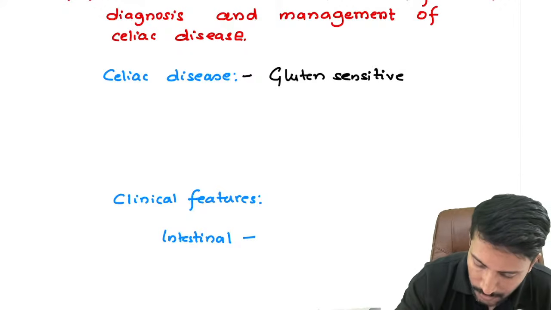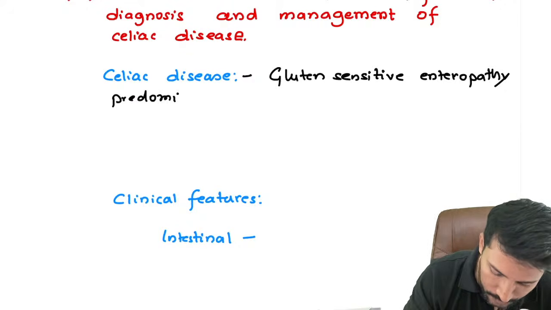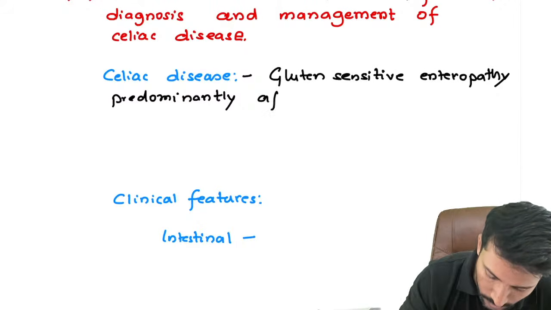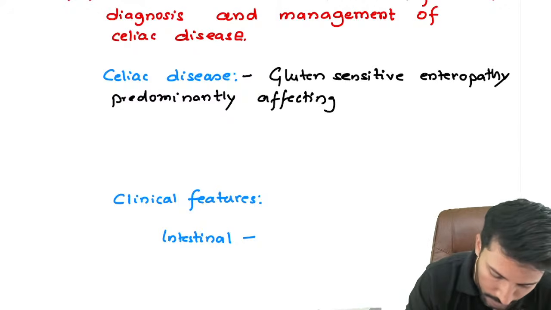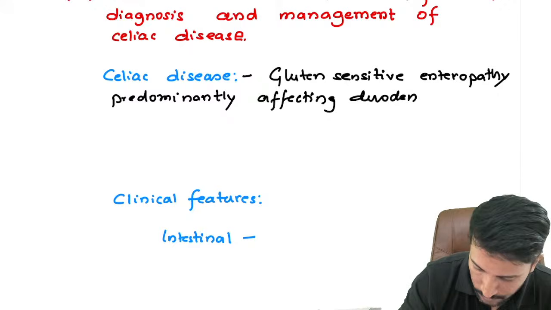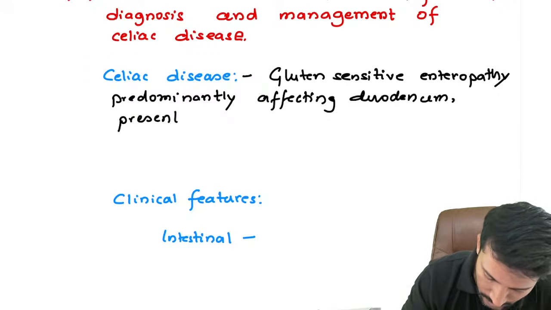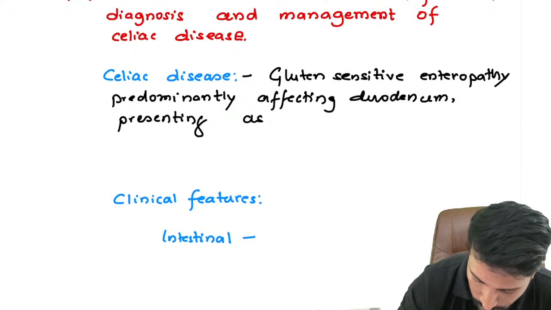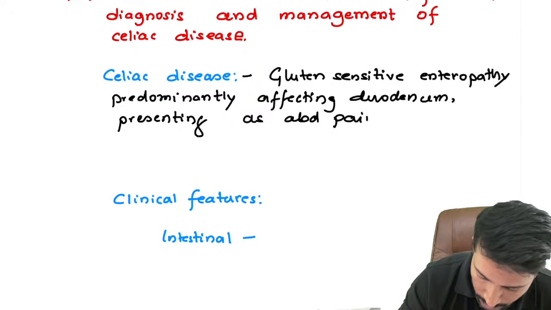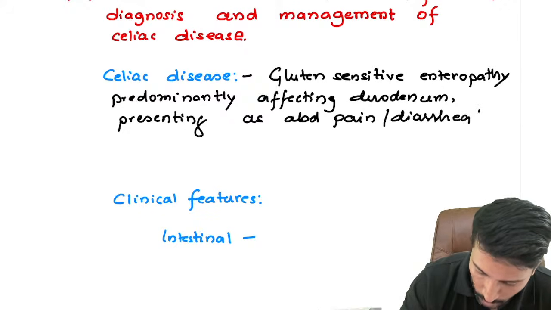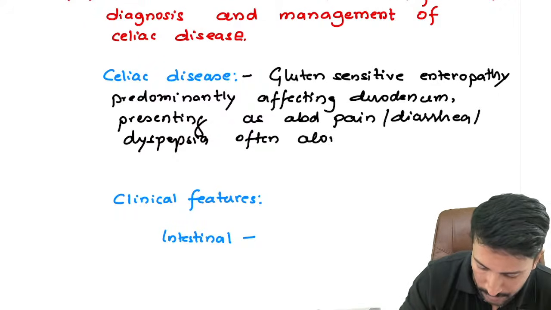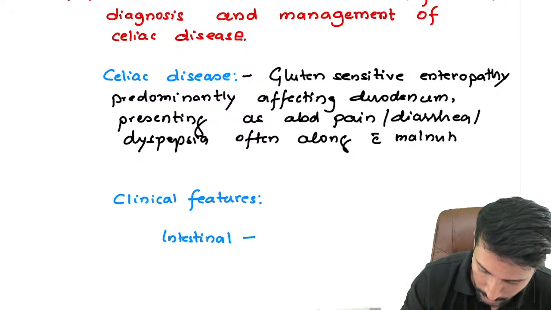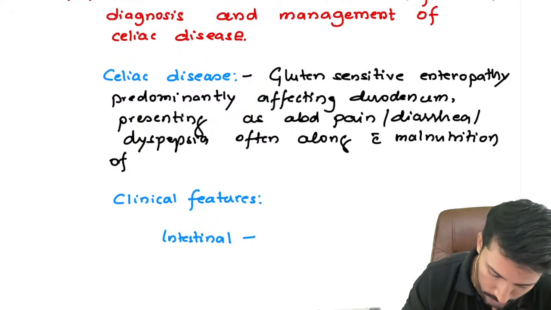In other words, it's a gluten sensitive enteropathy predominantly affecting the duodenum, presenting as abdominal pain, diarrhea, or dyspepsia, often along with malnutrition of micronutrients.